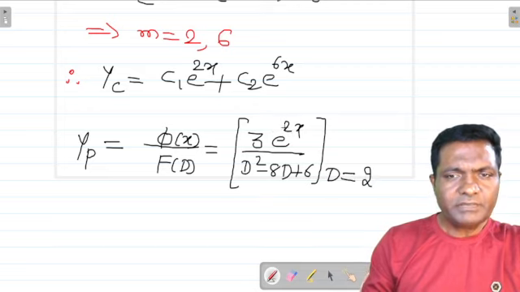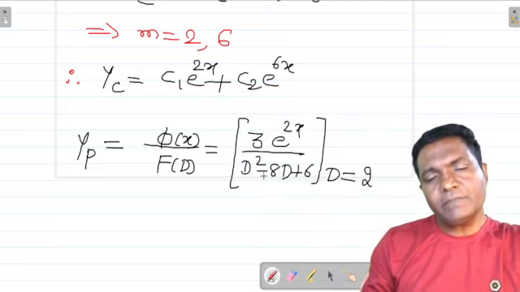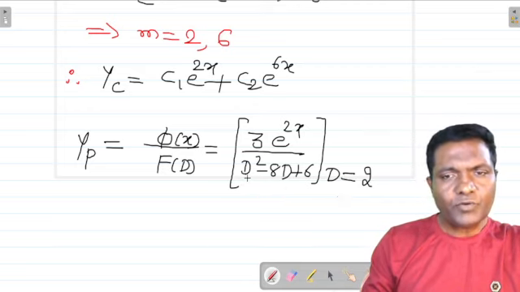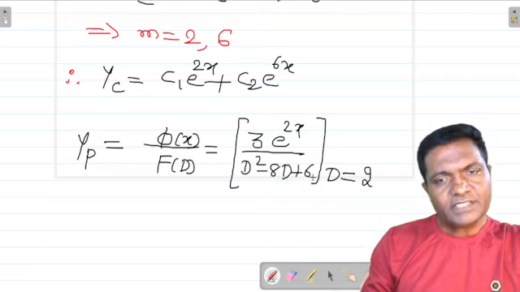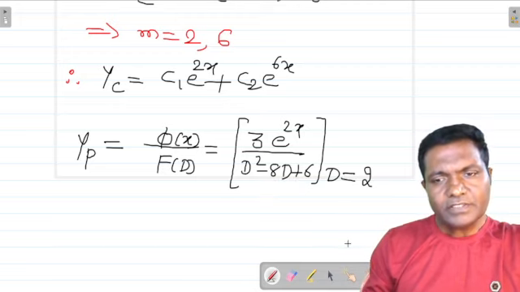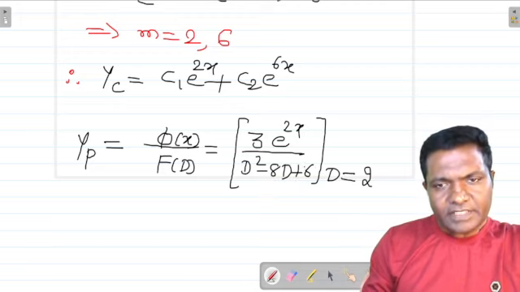Clearly if you replace D as 2, the denominator becomes 0. It is 4 plus 12 is 16 minus 16, so 0. It's actually 12, not 6.